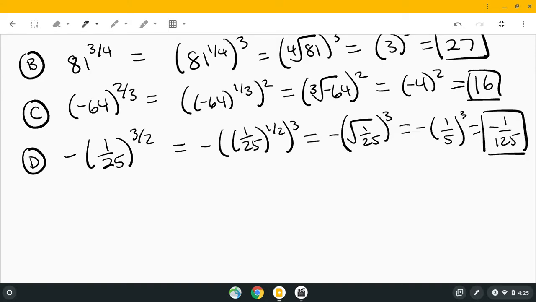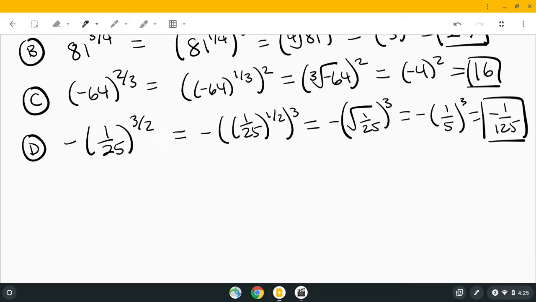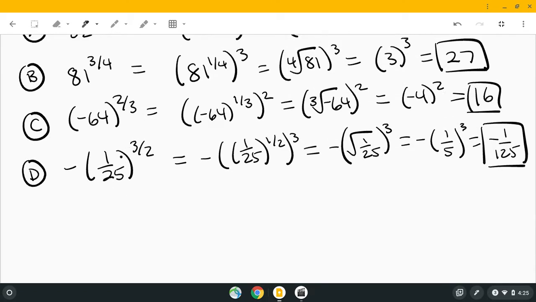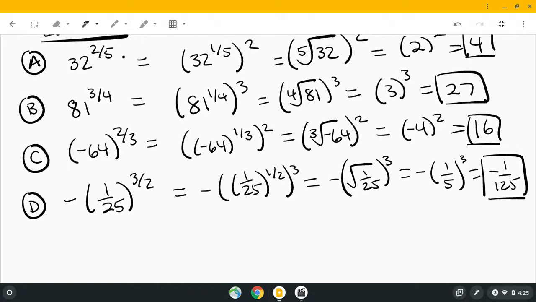Okay, so that's how you evaluate these if you don't have a 1 above it. Just remember that bottom number represents the root that you're going to be doing. So that's going to be square root, which we see here. That's going to be cube root, which we see here. That's going to be fourth root, which we see here. And this is the fifth root, which we see here.